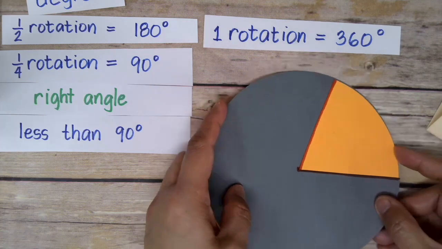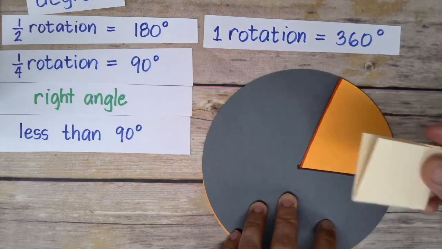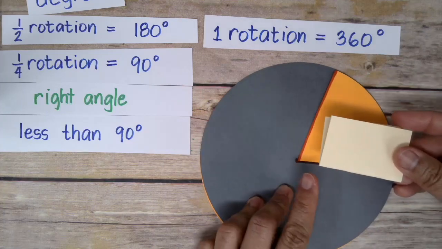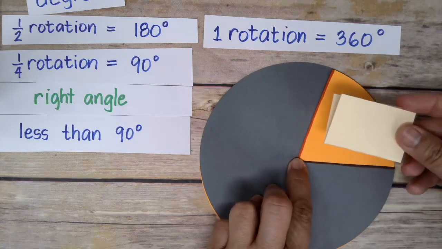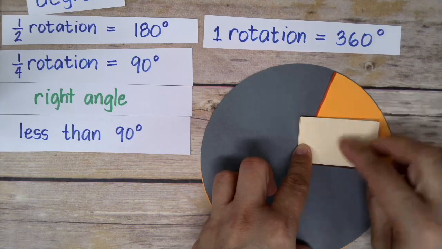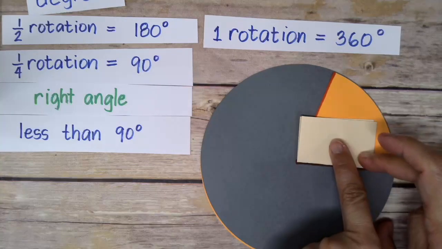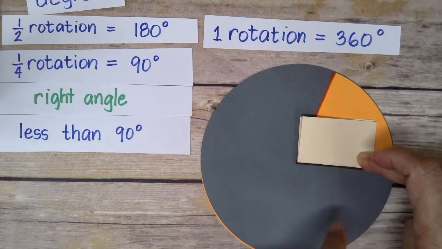So this angle here is already less than 90 degrees. To be sure, let's get our paper again. Make sure this vertex of our 90-degree angle matches with the vertex of the orange angle. And you will see that the orange angle here is really less than our 90-degree angle.